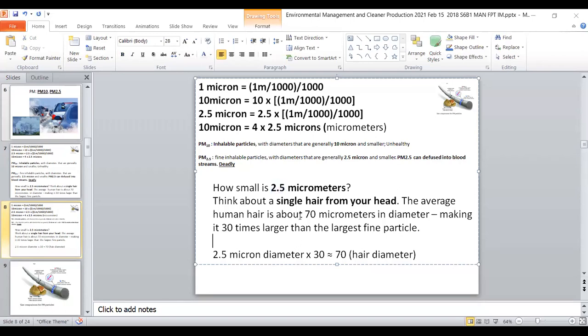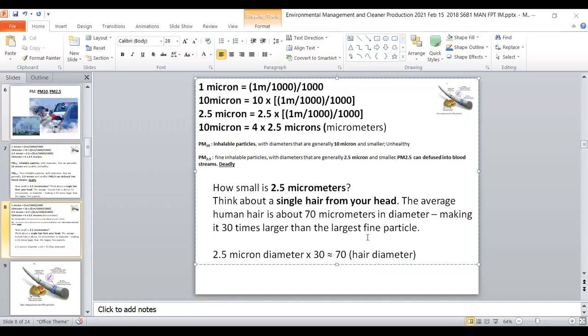So these are the fine particles, a 1/30th fraction. If you divide your hair diameter into 30, one piece is equivalent to 2.5 micron diameter.